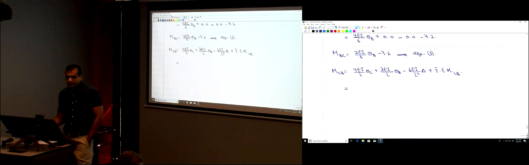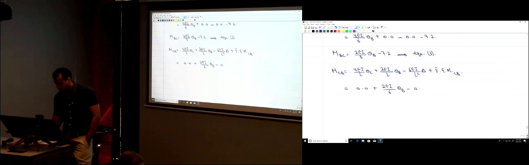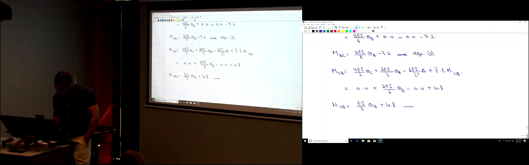How much is theta C? 0. How much is L? 6. How much is theta B? Unknown. How much is delta? 0. How much is the fixed end moment CB? 10.8. Positive or negative? Positive. So MCB is EI divided by 3 theta B plus 10.8. That's equation 4.